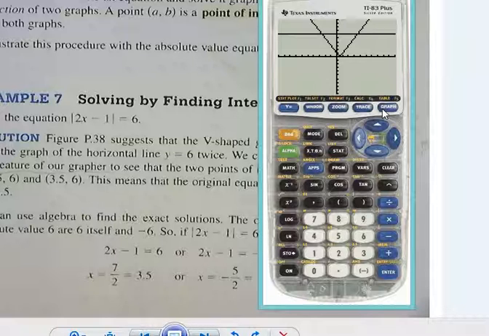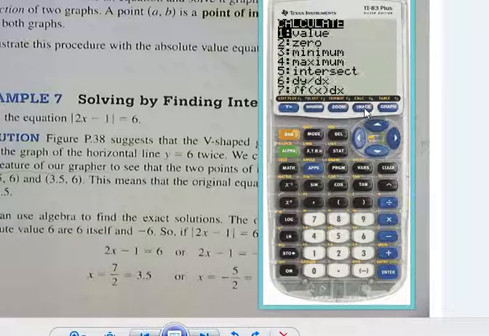So what's the next step to find the intersection on our graphing calculators? We have to find the intersections, right? So what we're going to do is hit second calc, because that's where we calculate things, and we come down to intersect.